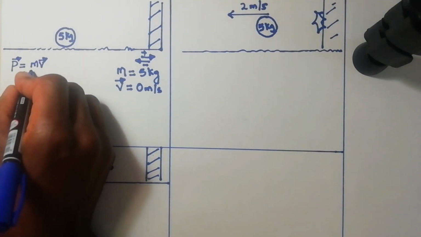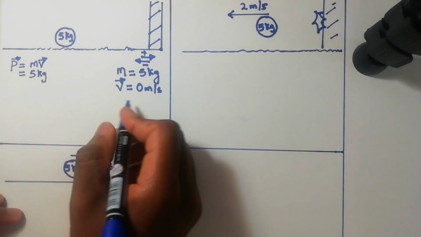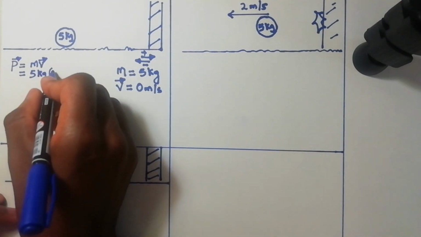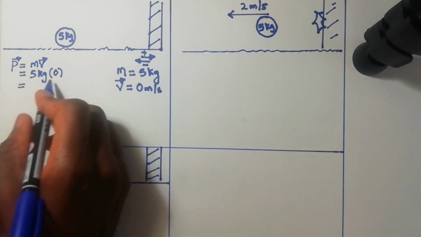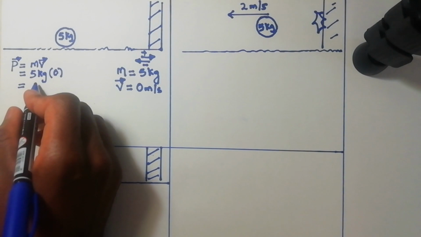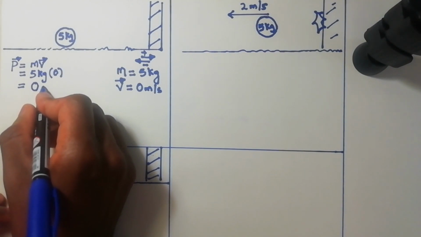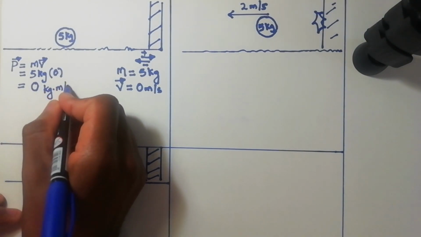Your mass is 5 kg multiplied by your velocity, which is 0. So 5 multiplied by 0 is 0. So the momentum of the ball is 0 kilograms meters per second.